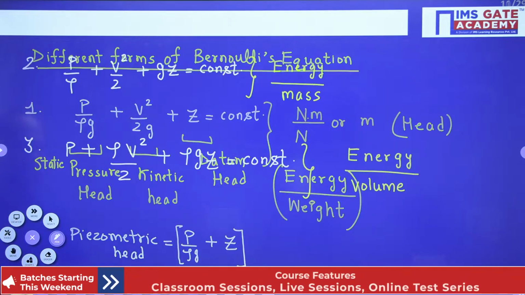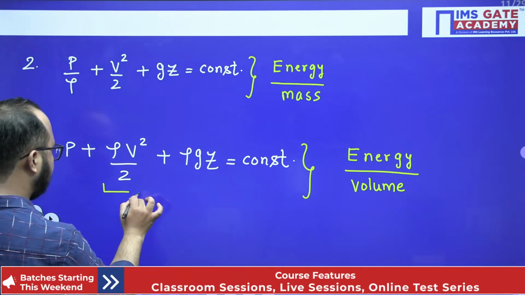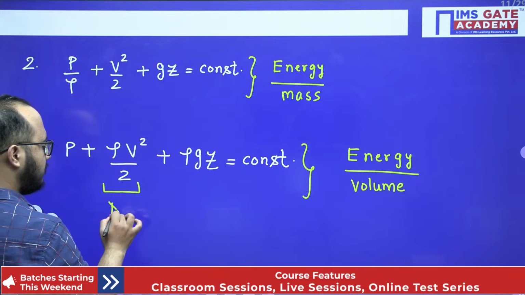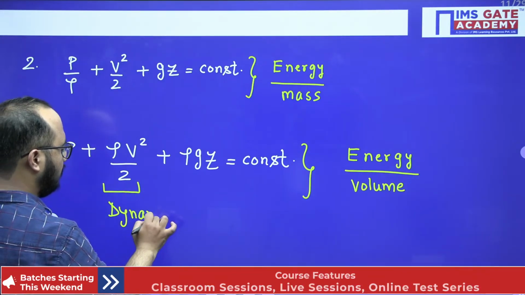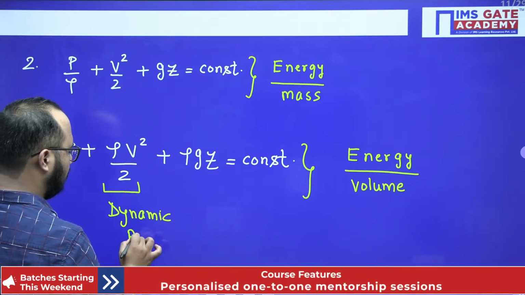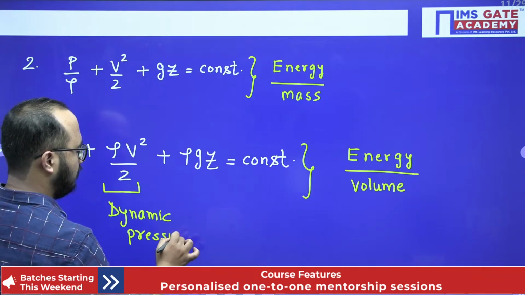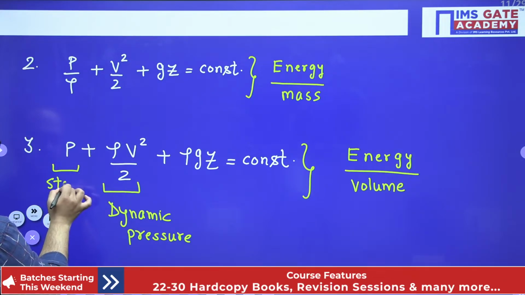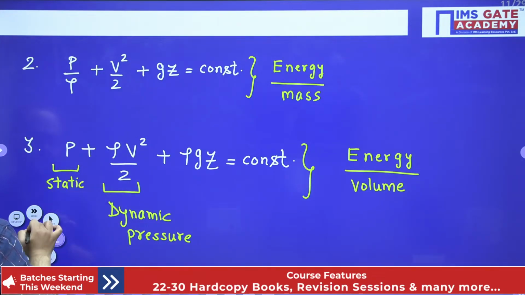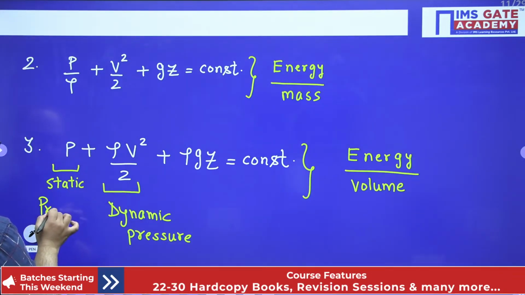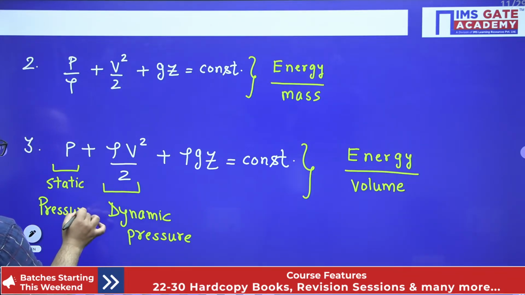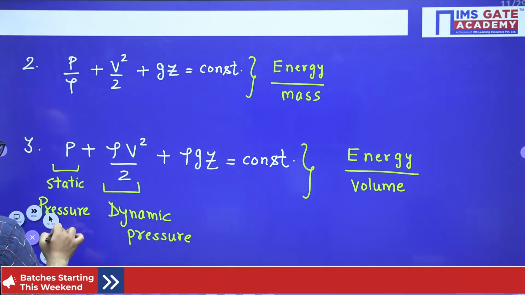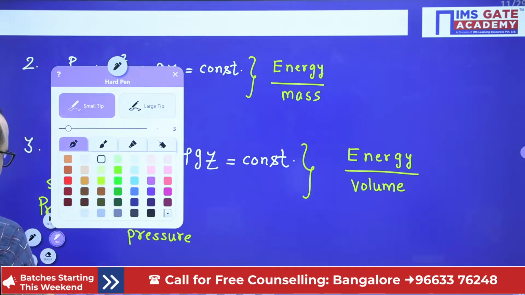Apart from that, this term is very important. You will see the application of this one also. This is the dynamic pressure. And we will call simply this one the static pressure. Right.